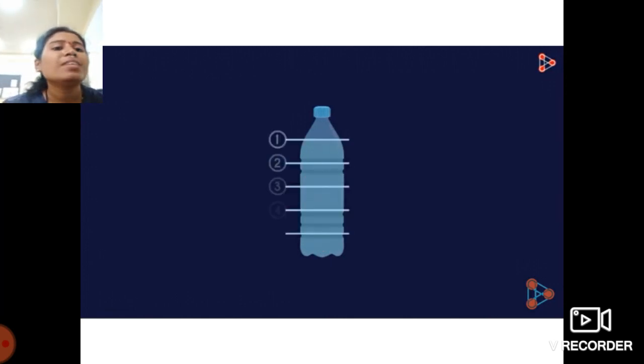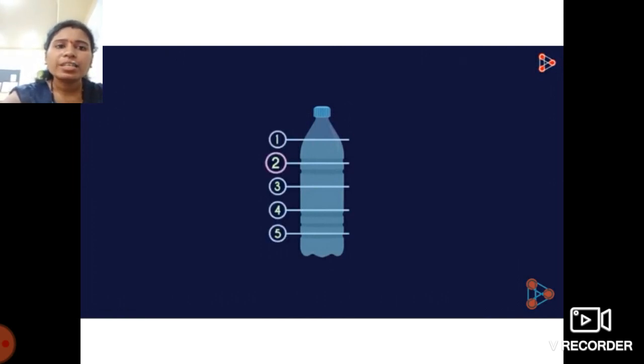Let's divide the fluid into 5 equal parts. You can see that the second layer of the water is holding the weight of the first layer.